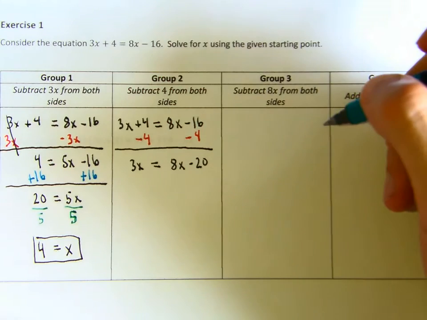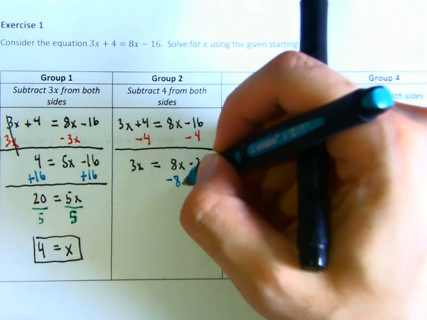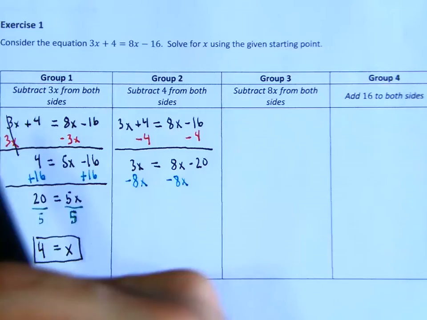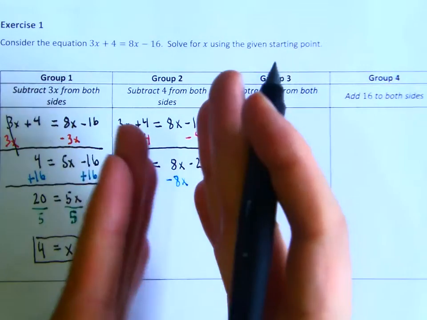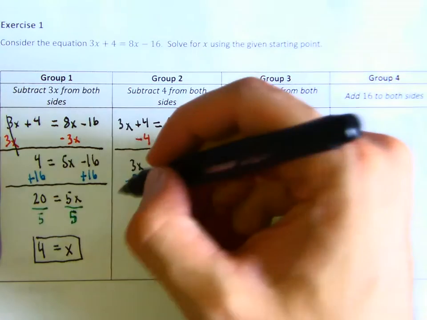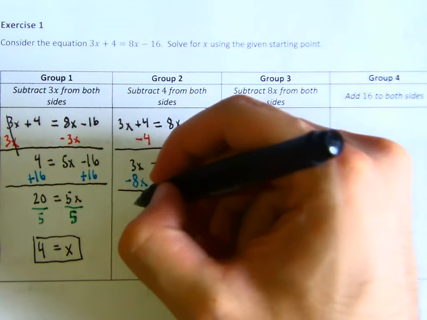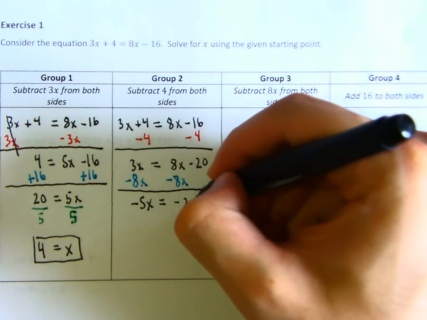What would be the next move? Here, you would have to subtract 8x on both sides, because you want to get x by itself on one side. So now you have 3 minus 8, that is negative 5x, equals negative 20.